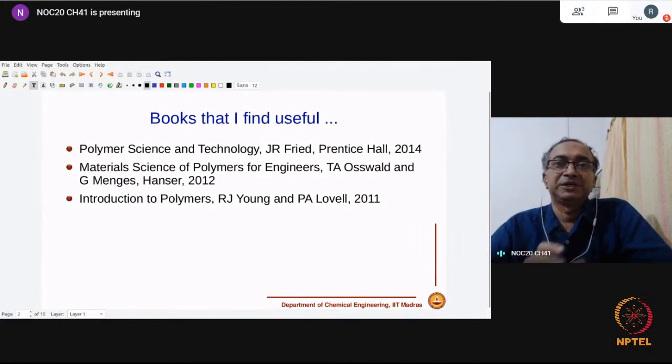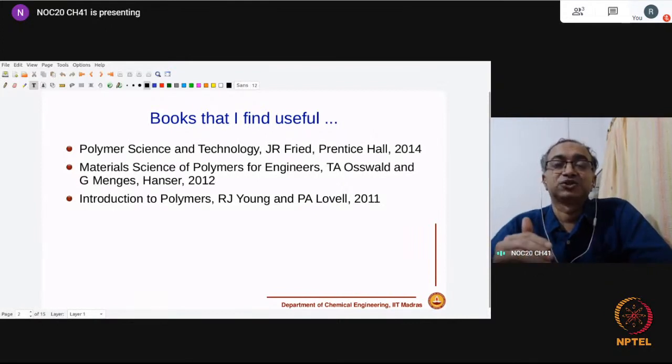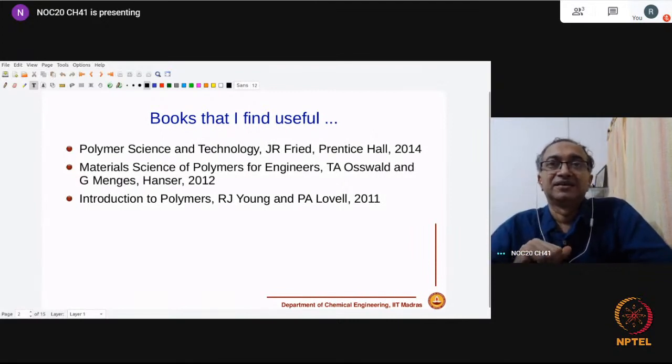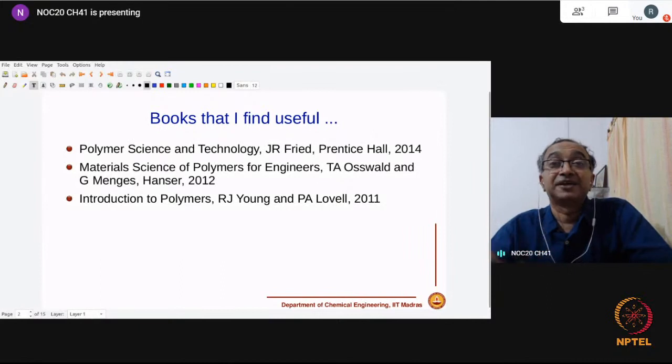What do I mean by this? For example, if a material is used for packaging, then it needs to be a very good barrier. For example, it should stop oxygen from going in, or it should stop carbon dioxide from going out in case of a PET bottle, where Coke or Pepsi or something is being packaged in a bottle, right? So there is a barrier property.